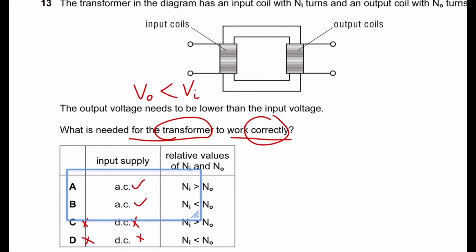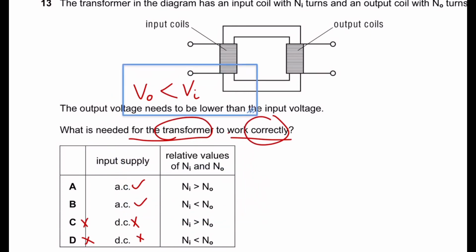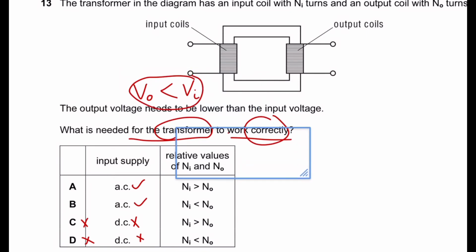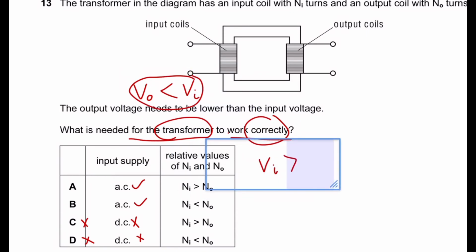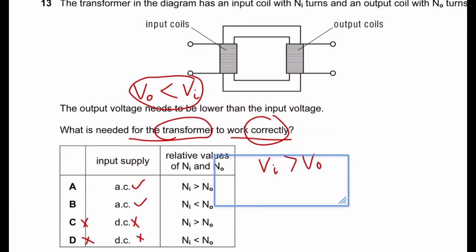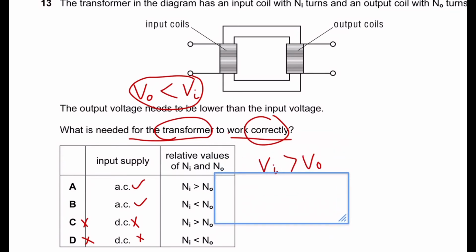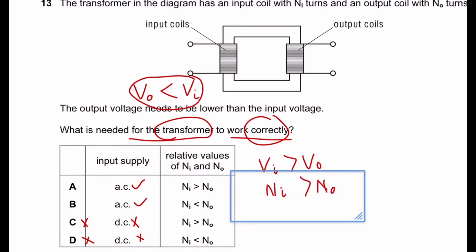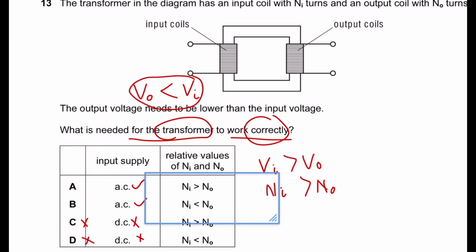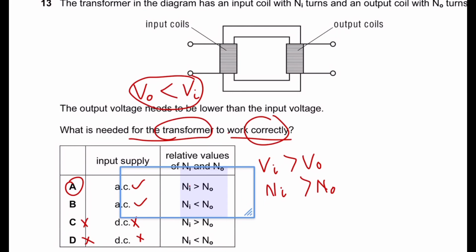We can just focus on options A and B. The relative value of Ni and No: Vi should be more than Vo, and we know that Vi is proportional to Ni and No. So we need to have a greater value of Ni compared to No. So option A is the answer, as this matches what we wanted.